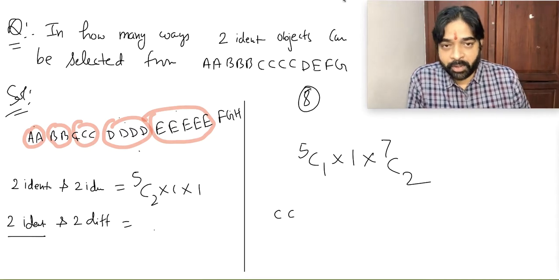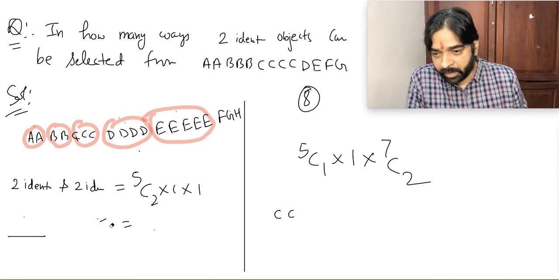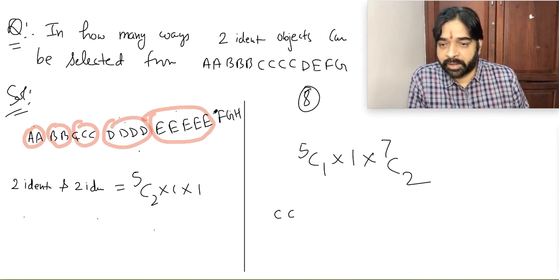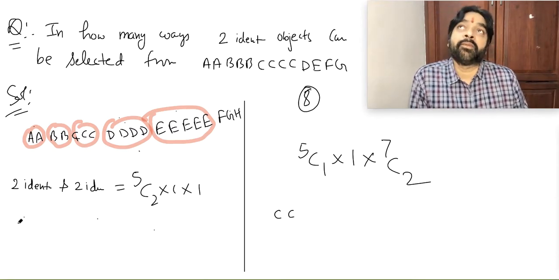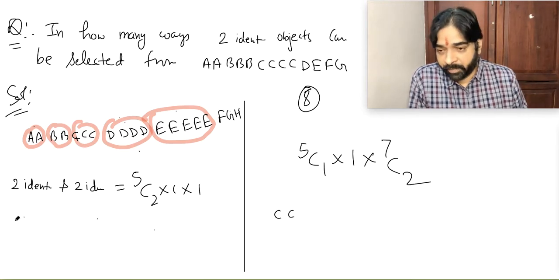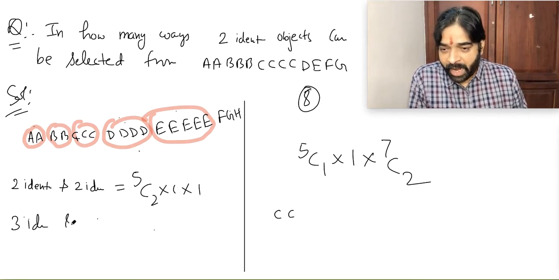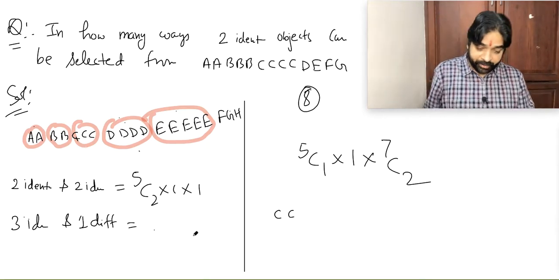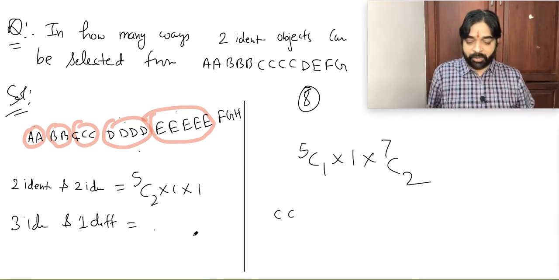Now, look here. If I ask you a question similar to this, in the same way, 3 identical and 1 different. Everybody, this time everybody should give me the correct answer. Take 10 seconds more, no problem, but don't write the wrong answer.